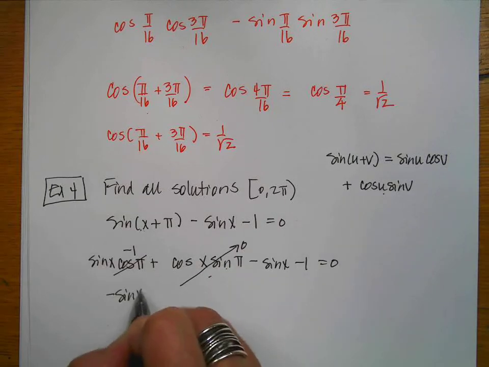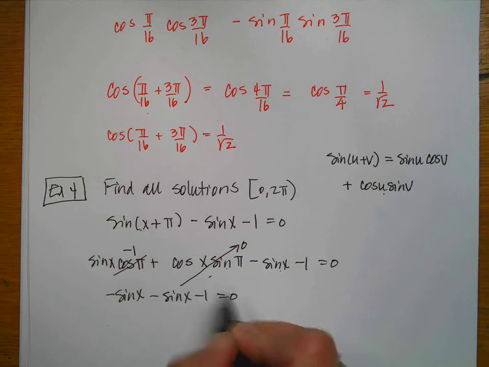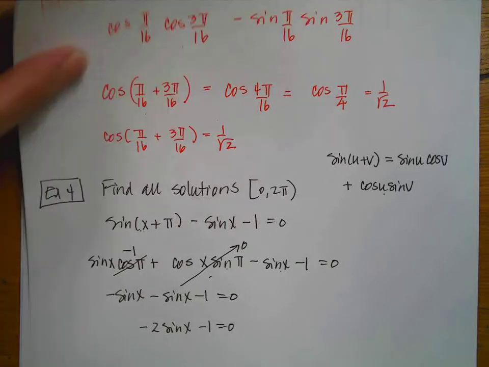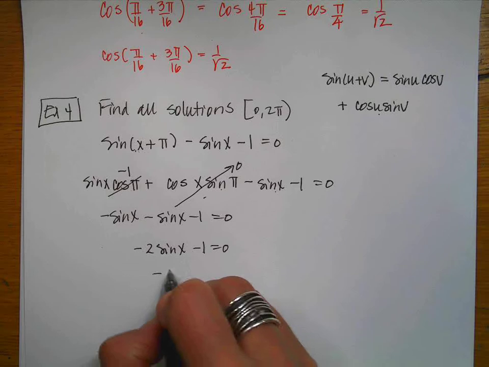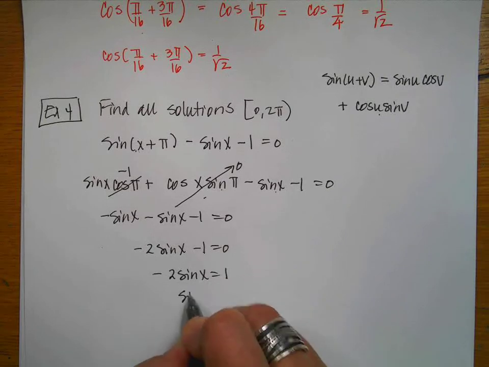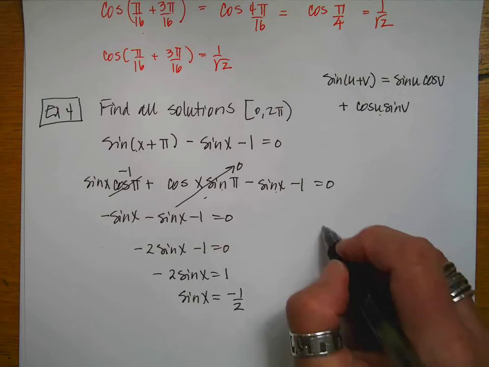So then I have a negative sine x, and then down here, minus the sine of x minus 1 is 0, minus 2 sine of x minus 1 is 0. And now I'm going to continue to solve the equation. Take this guy to the other side. So a negative 2 sine of x is 1, and then the sine of x is a negative 1/2.